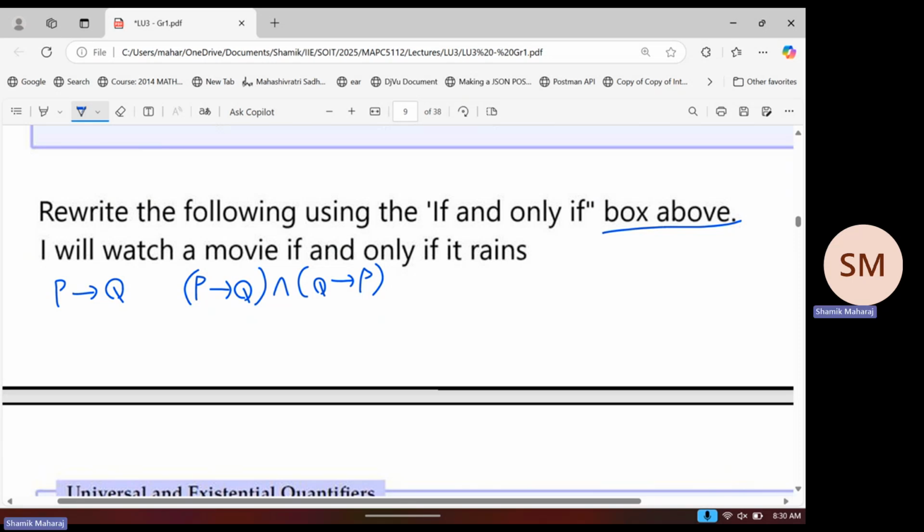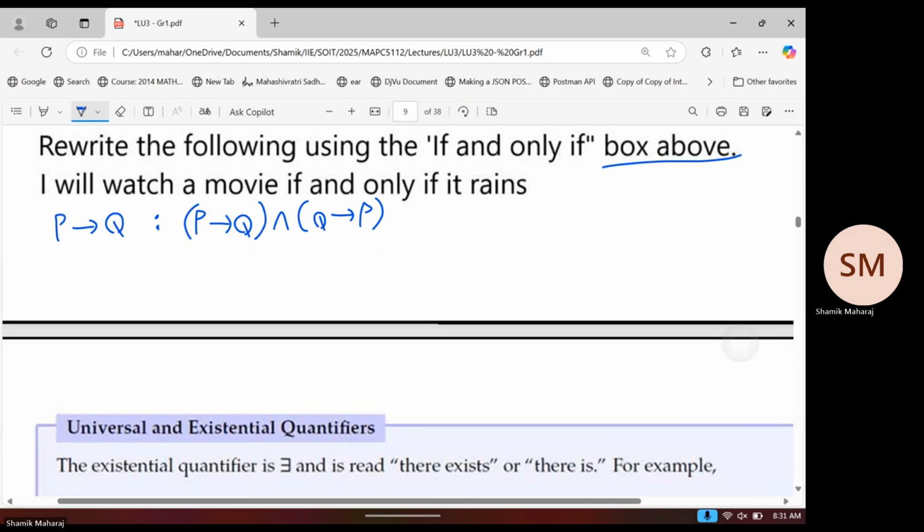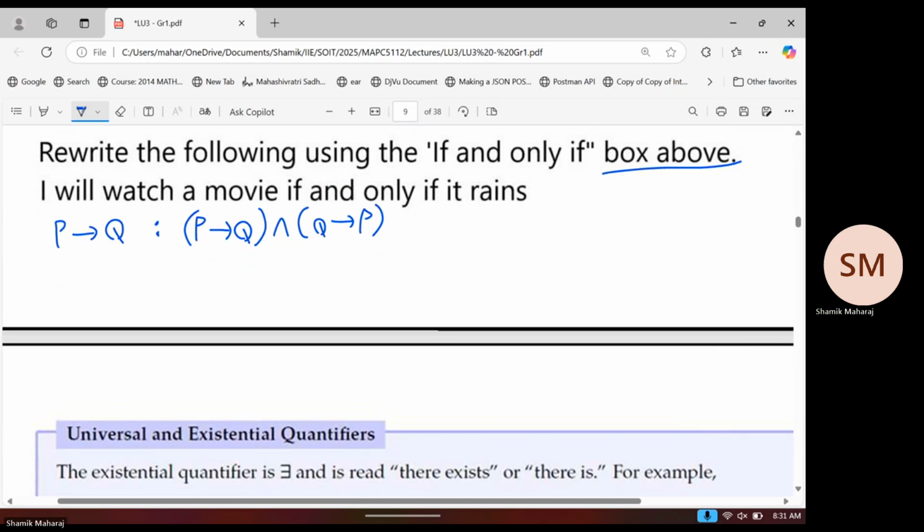So rewrite the first one as the second one, which is completely logically equivalent. And we are given two statements here to try with. Oh, sorry, there's a double-sided arrow at the bottom. Yeah. Okay, thank you.